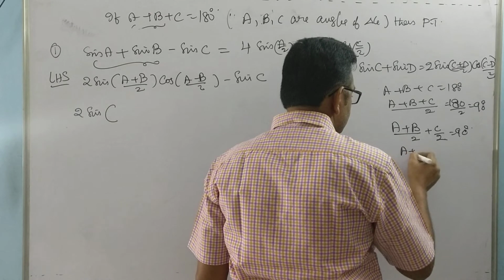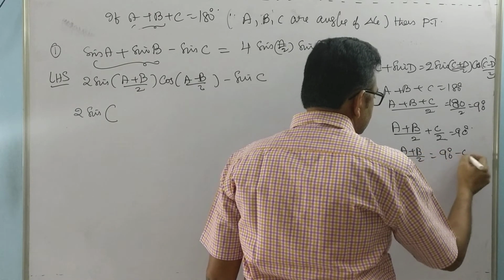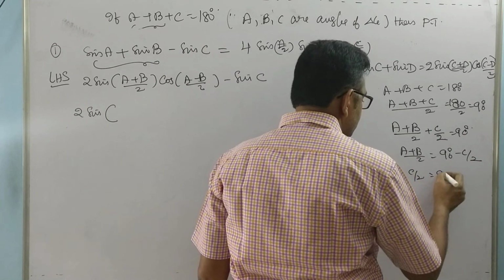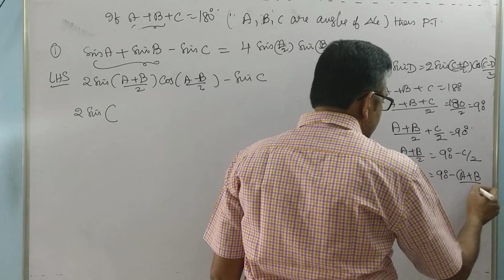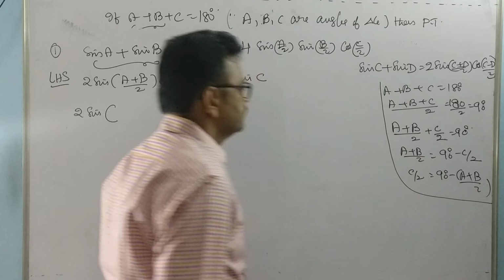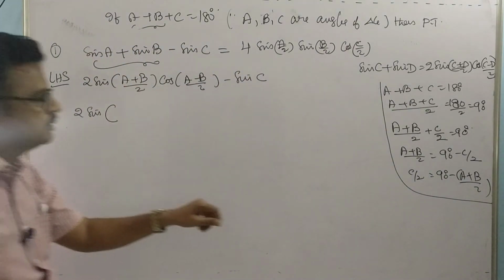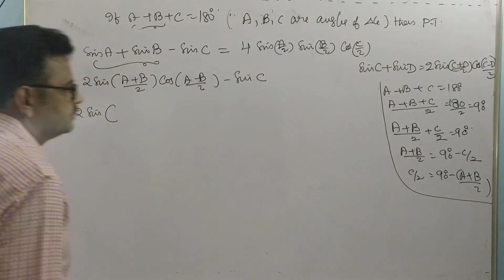So A plus B by 2 is equal to 90 degrees minus C by 2, or C by 2 is equal to 90 degrees minus of A plus B by 2. So you can use any one. So what is A plus B by 2? 90 minus C by 2.